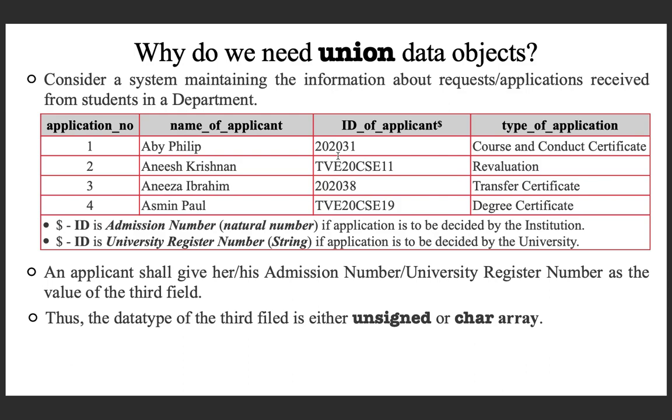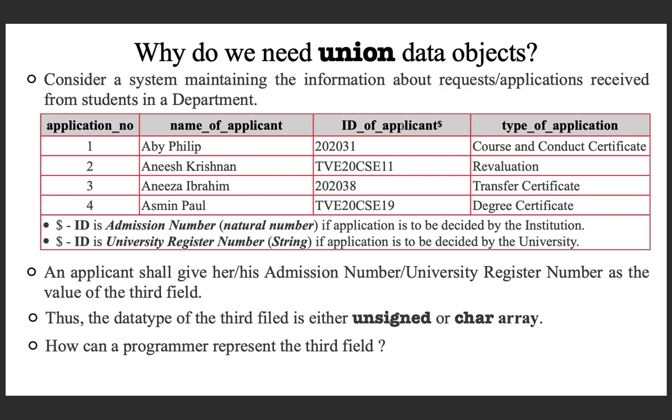Now the problem here is that the data type of the third field is either an unsigned integer like this, or it is a character array like this. That is an interesting programming requirement. The question is, how can a programmer represent the third field? You as a programmer have to decide how to represent the ID of the applicant as a field.